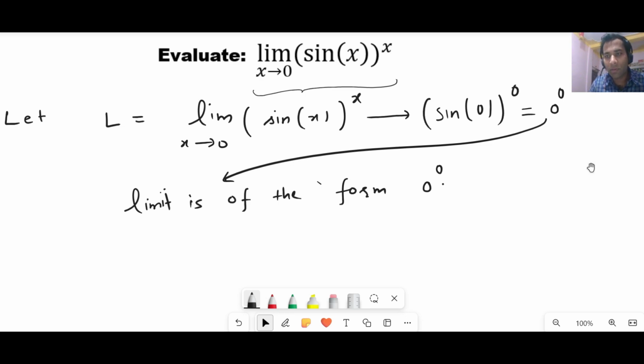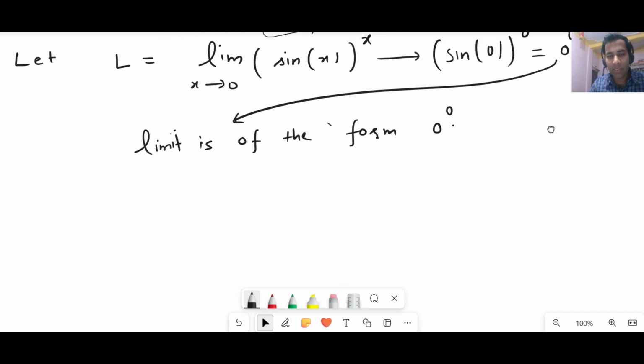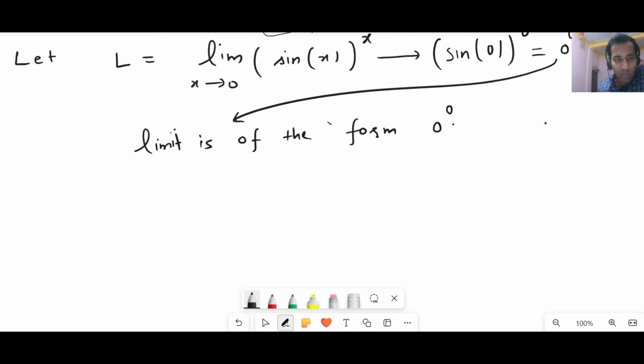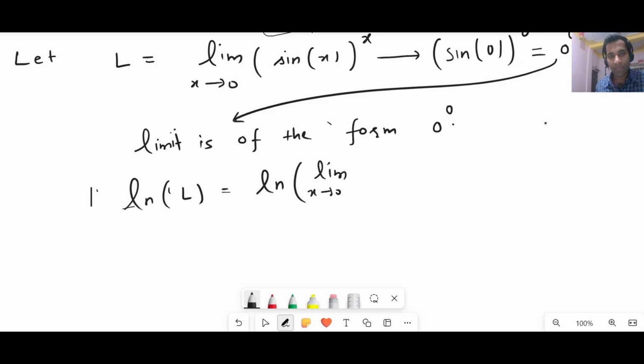In such a problem, while solving the limit, we need to take the log on both sides. It will give the limit of log of limit x tending to 0 of (sine of x) to the whole power x.